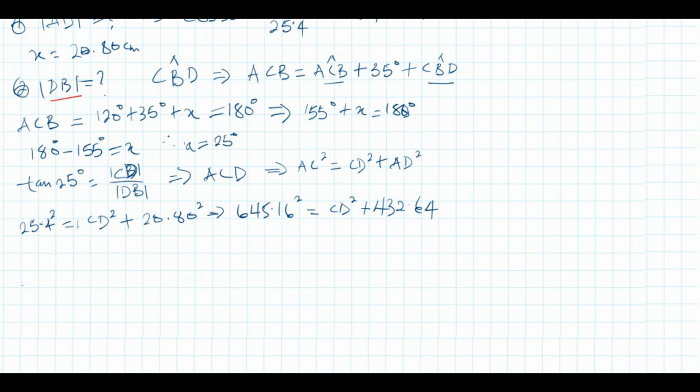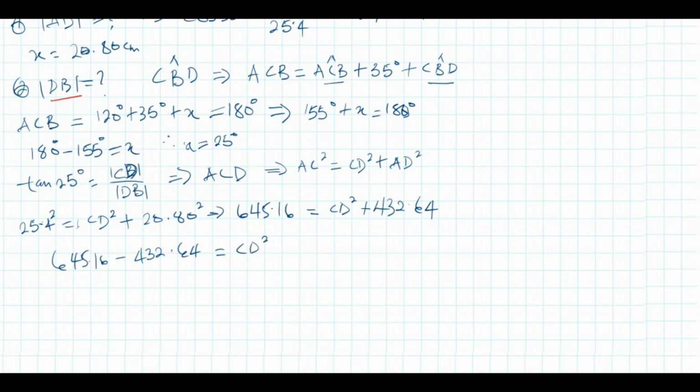So we just subtract: 645.16 minus 432.64 should give us our CD squared.